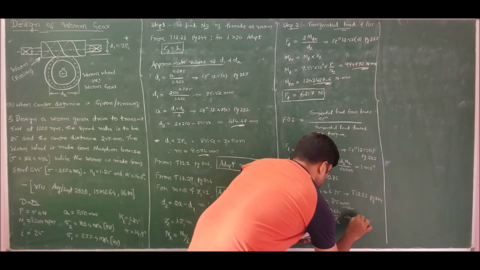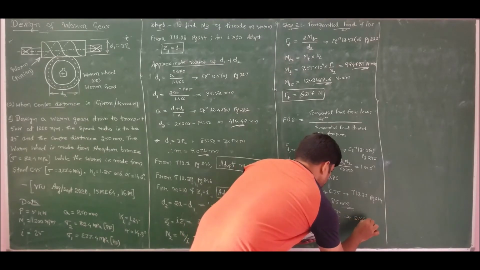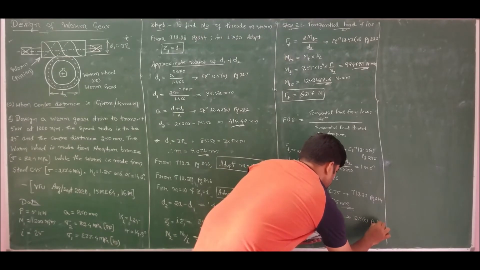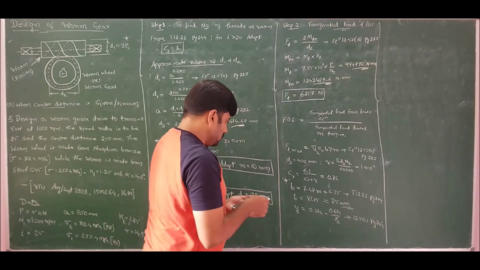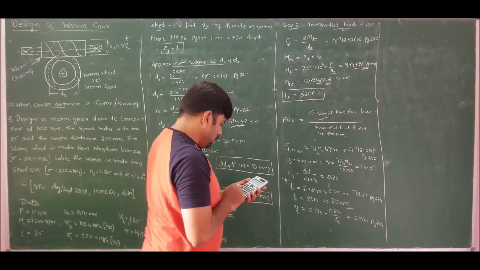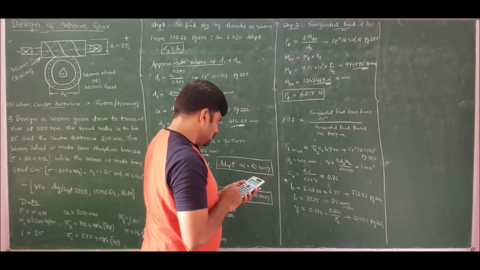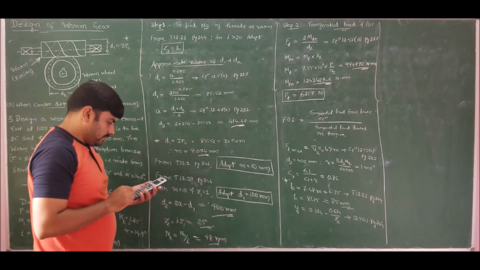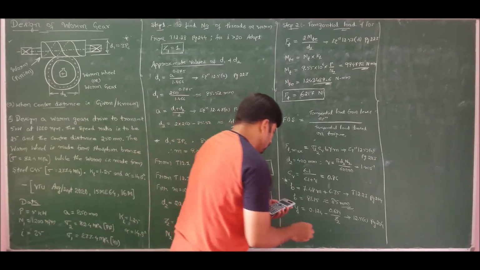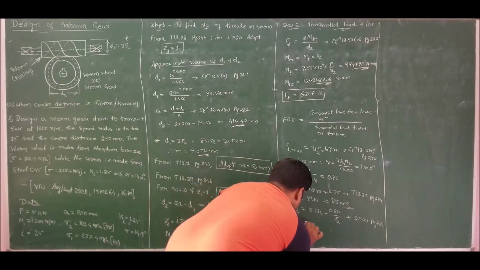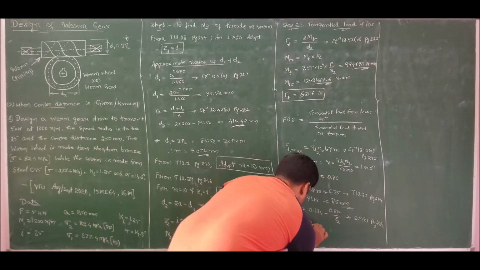This is from equation 12.5c of page 204. So if I substitute and solve, 0.684 by Z2, Z2 is 25. So the Lewis form factor for this problem is y equal to 0.097.